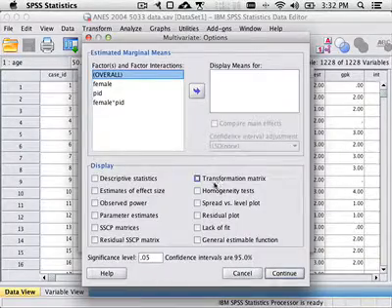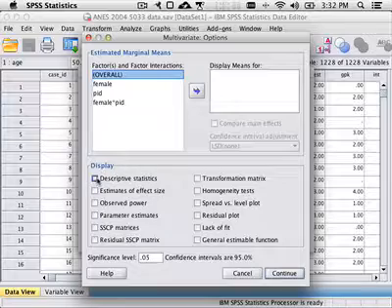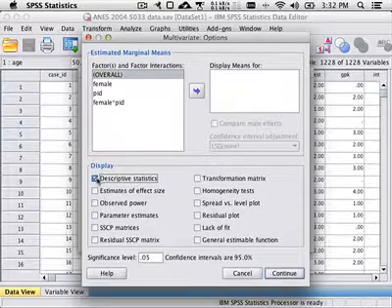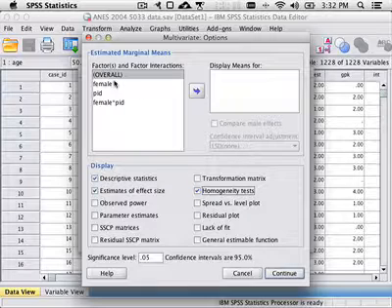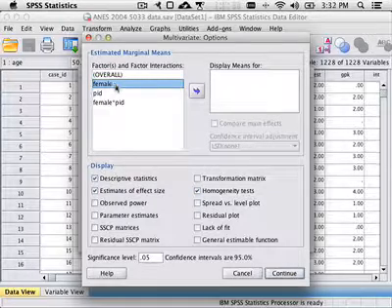In terms of options: descriptive statistics, estimated effect sizes, homogeneity test, okay? The homogeneity test will give us both a multivariate homogeneity test and a univariate homogeneity test. And then these will give us our estimated marginal means.